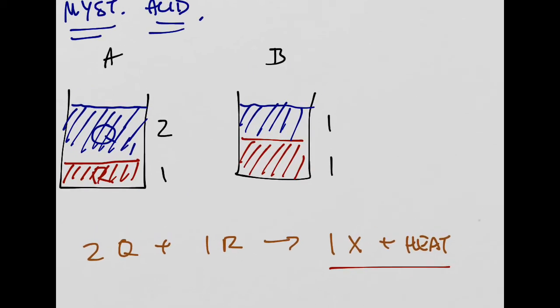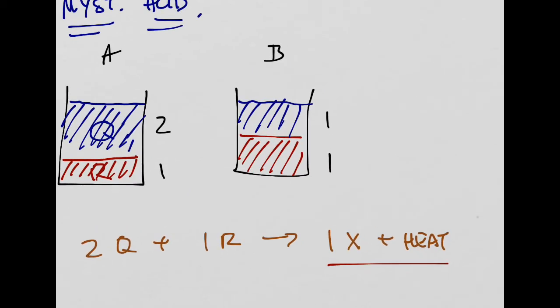But in B, I don't have the 2-to-1 ratio of volumes of the liquids. Here, it's 1-to-1. We still have to understand that Q needs 2 parts for every 1 part of the R. So in B, you're actually going to have some R left over.